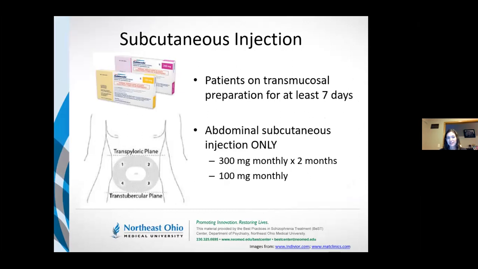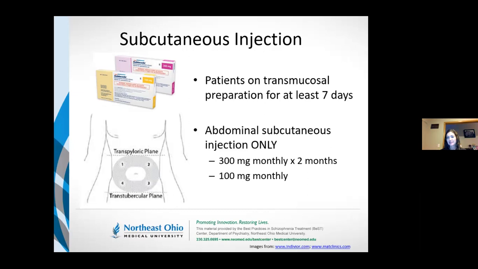Our last preparation is the subcutaneous injection, so our long-acting injection. Patients need to be on a transmucosal preparation for at least a week. So make sure they can be maintained on the buprenorphine for at least a week before they start the injection. There had been some discussion in a prior session about questioning whether that is going to remain.